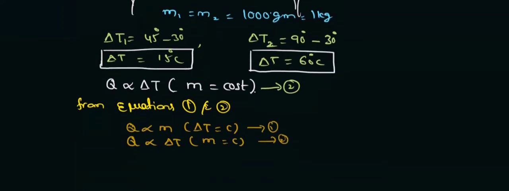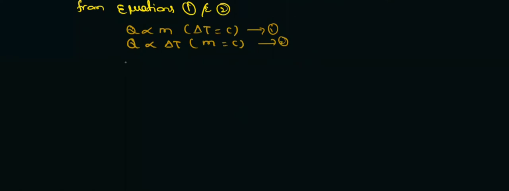So from this what can we find? Q is directly proportional to M and delta T. To remove the proportionality, we keep a constant S: Q equals S, M into delta T.